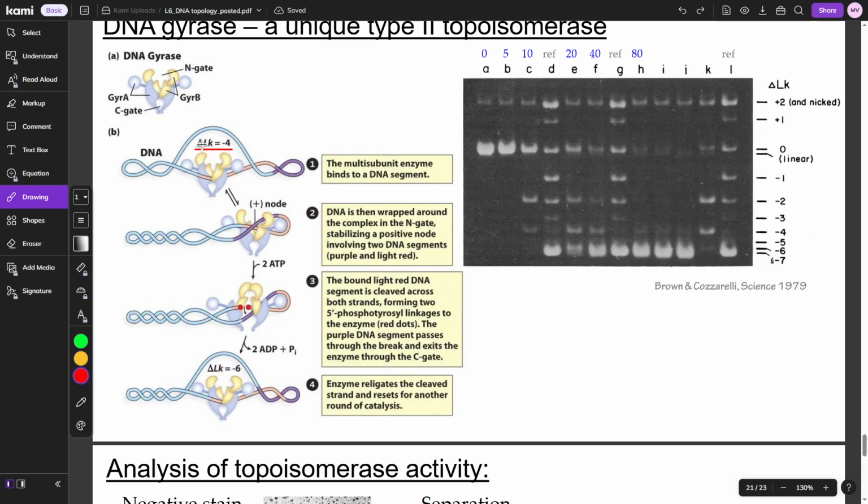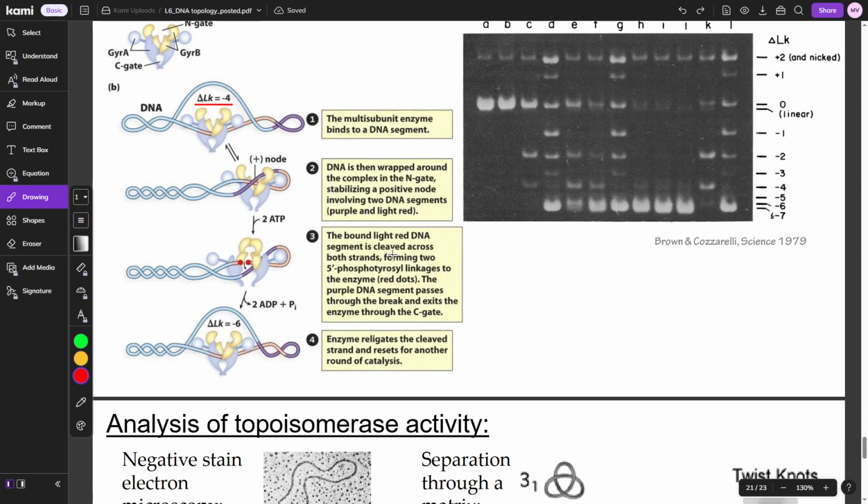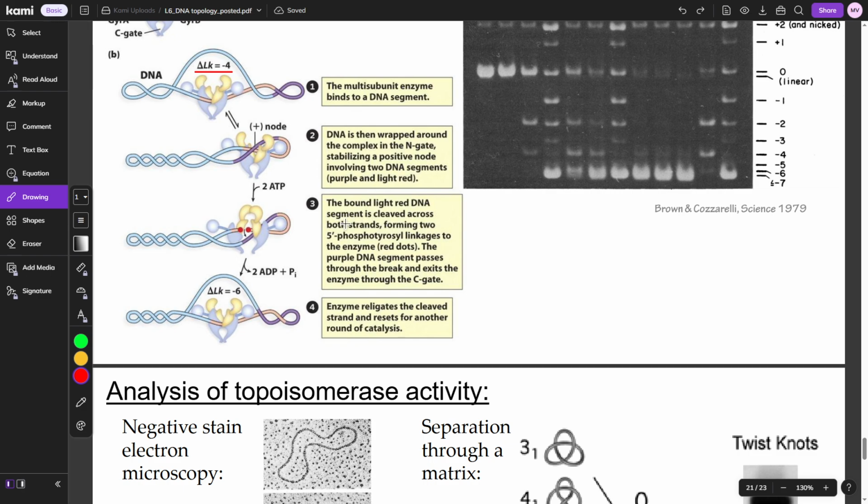Firstly, the enzyme binds to the DNA segment in question, so it'll bind to this tan region. It's then wrapped around the complex in the end gate. So it wraps around this section here, and it stabilizes that, and then the bound light red is cleaved across both strands. And then the purple DNA passes through the break and exits the enzyme through the C gate.